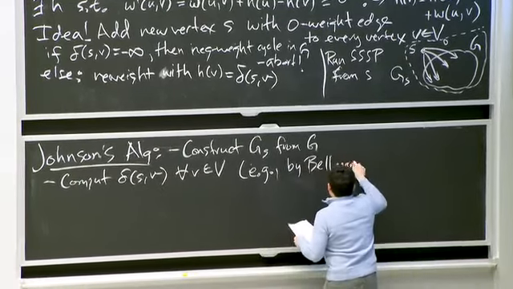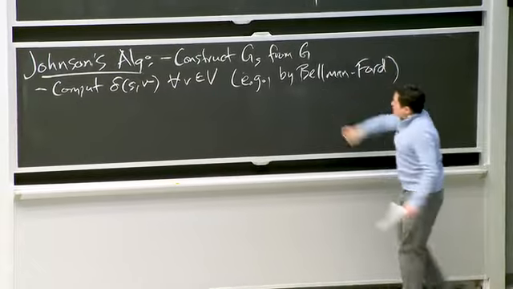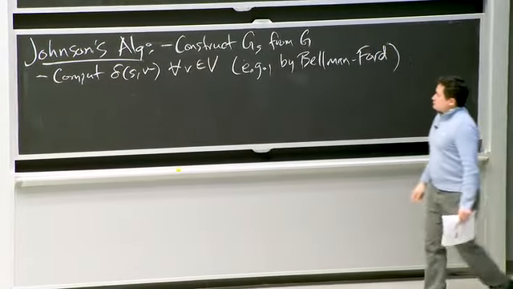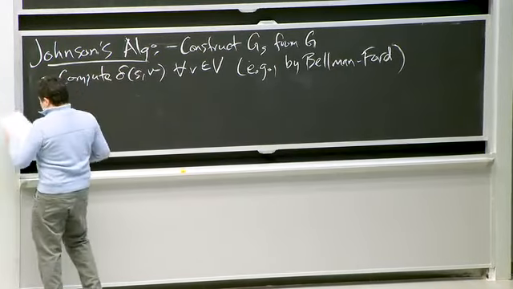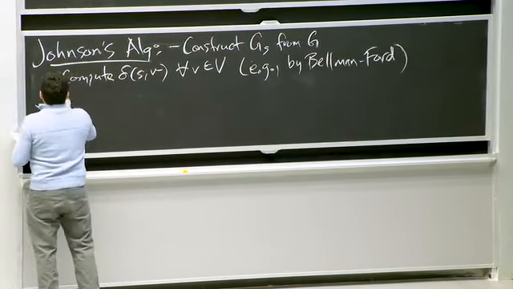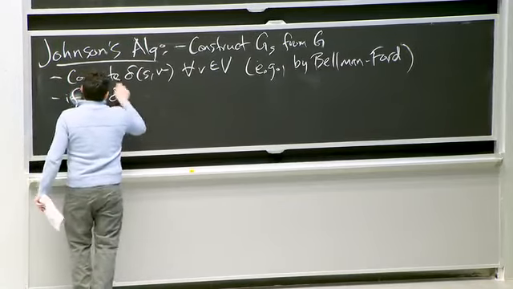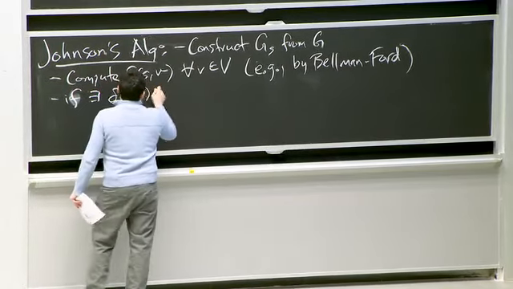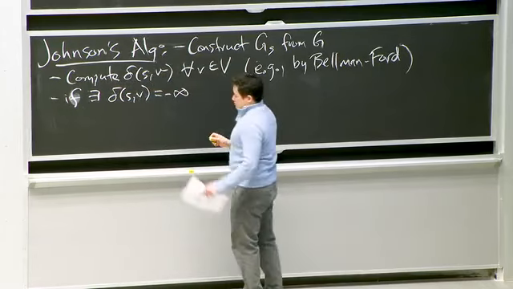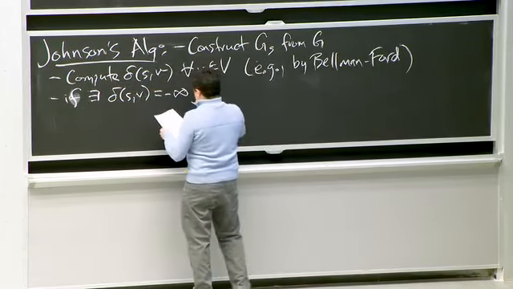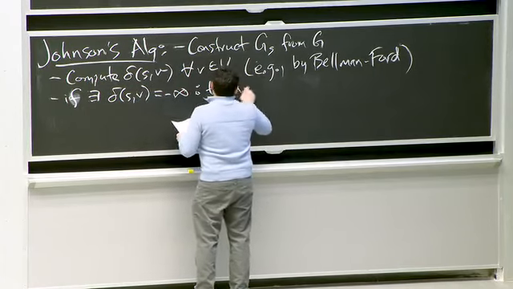This is just a single run of Bellman-Ford. And then there are two possibilities. If there exists a delta SV that's minus infinity, then abort.